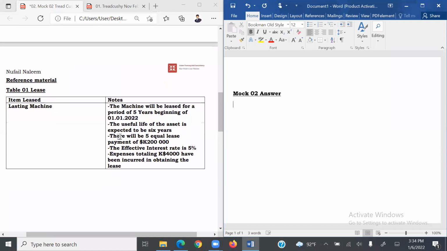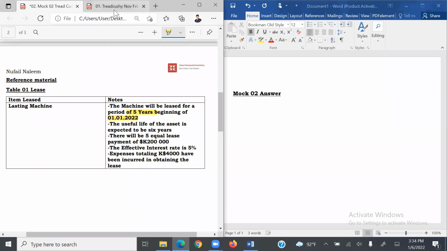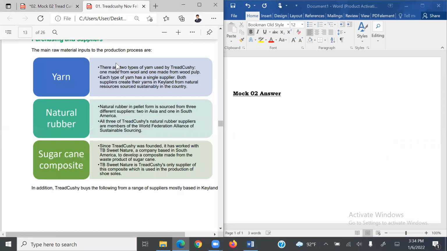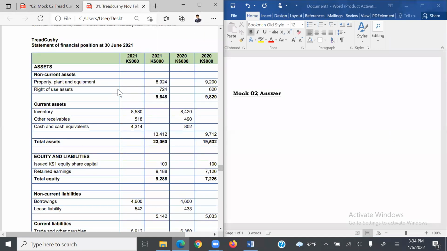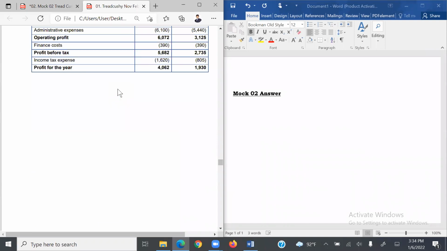Students, table number 1, they have given about lease. The lasting machine will be leased for a period of 5 years, beginning from 1st January 2022. Now, just see when our financial year end is. If you observe, it's on 30th June. Observe it very carefully, students.